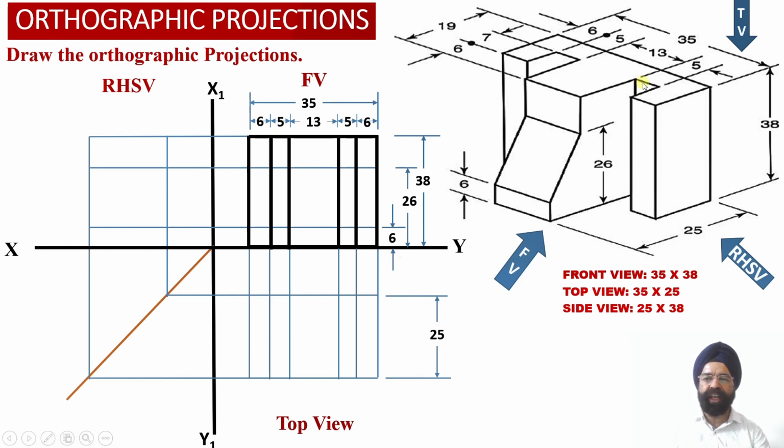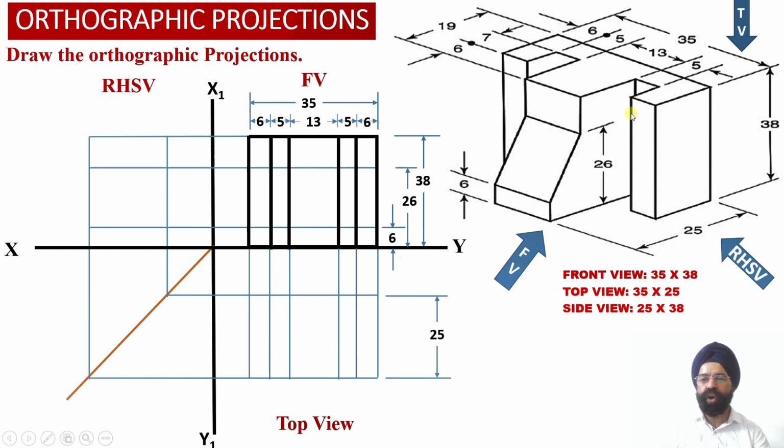Similarly, corresponding to this rectangular slot which is available on the right hand side of element number 2, again we are able to obtain a true shape projection visible in the front view over here.